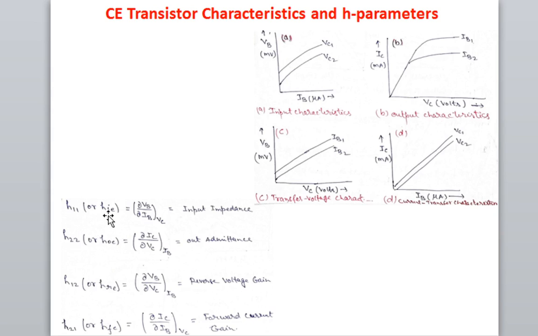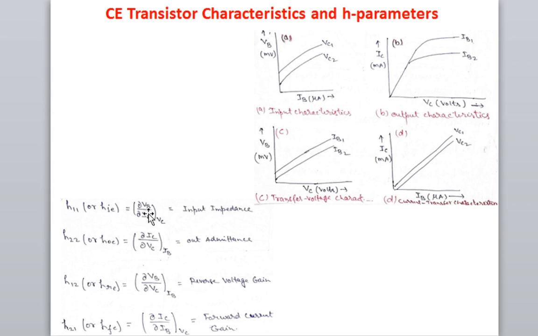HIE, if you remember, I defined as the input impedance: the derivative of this quantity divided by the derivative of this quantity, keeping the other quantity constant. That gives the input impedance, because del VB upon del IB is voltage upon current, which is resistance, the unit of impedance.